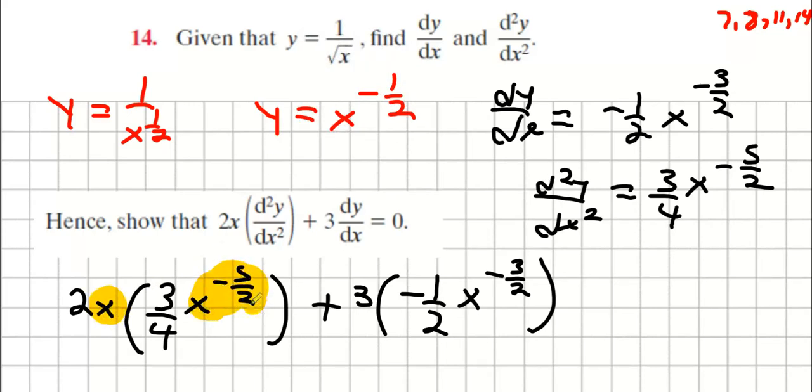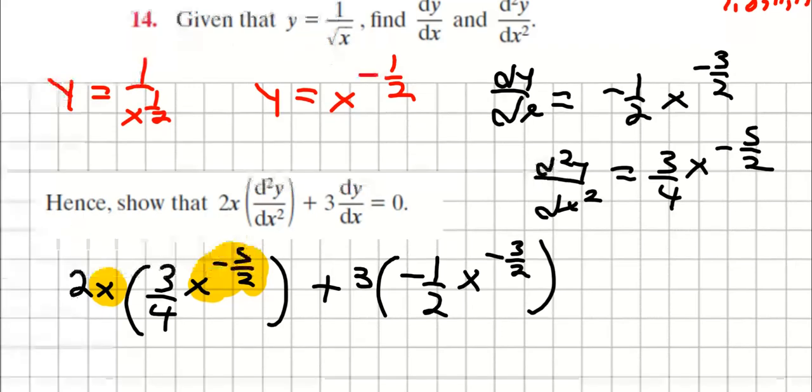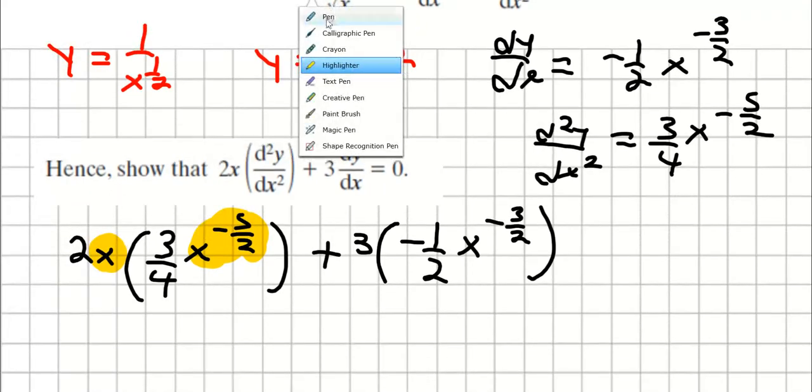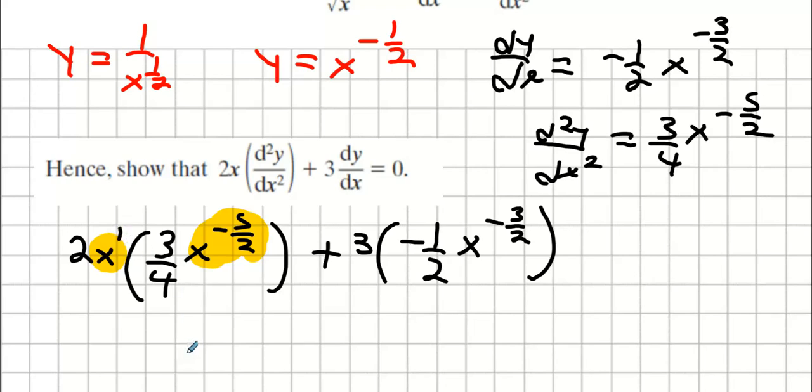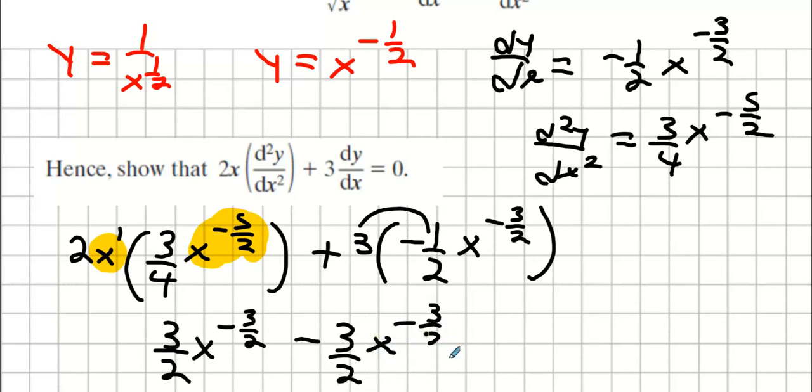What happens when I multiply the two of them by each other? Yeah, x to the power minus 3 over 2. And then it's going to be 2 times 3, which is 6. 6 divided by 4, 3 over 2. And then 3 times minus a half, minus 3 over 2. And we can see that the two of them cancel each other out, and the answer is 0.